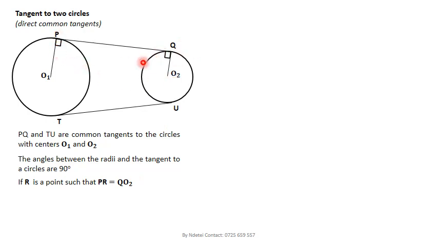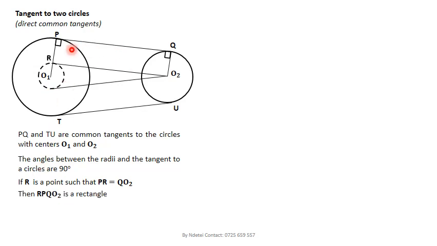Now, if we have the same radius measured from P towards O1, such that we have the point R like this, so RP and QO2 are equal in length, and therefore they are the radius of the smaller circle, then we can complete a circle like this, such that the line RO2 is a tangent to the small dotted circle like that, and therefore that means that the angle PRO2 is 90 degrees again.